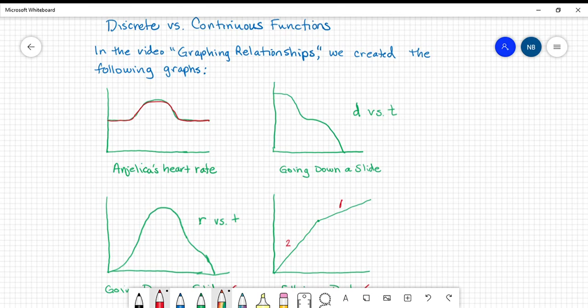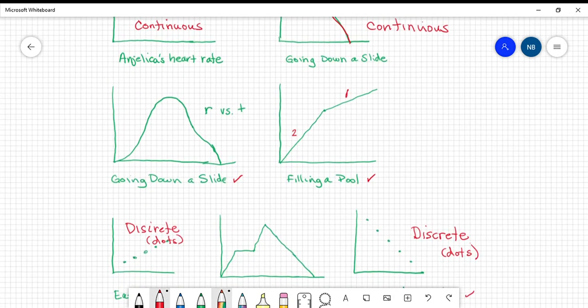They are called continuous. A continuous graph is a graph that can be drawn without lifting up your pencil. So I can trace over Angelica's graph without lifting up my pencil. The slide graphs also are continuous because, again, you can trace them and you don't have to pick up your pen or your stylus in my case.